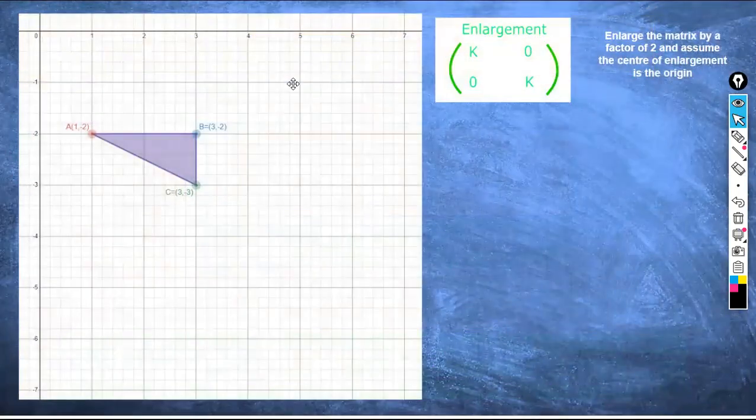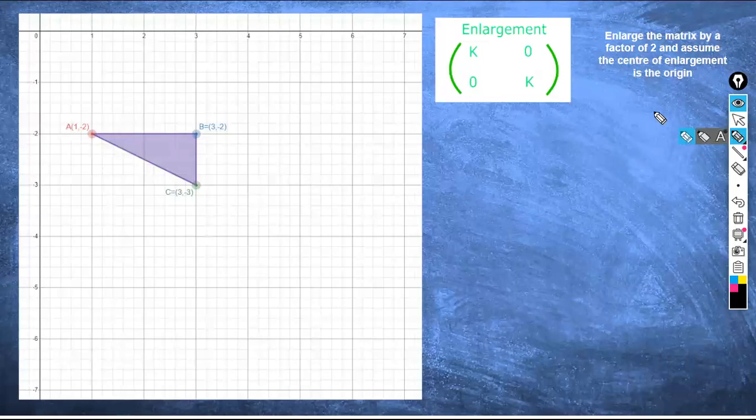All right, so this one here, let's say, and I want you all to do this the matrix way now. I have another question. So the exam, you open the exam paper, and the examiner says, you have to enlarge the triangle, right, by a factor of 2. But he wants you to use the matrix method. And you notice the examiner was real nice in this one.